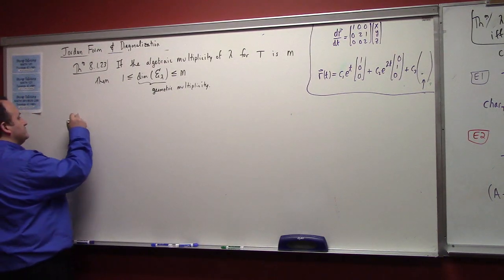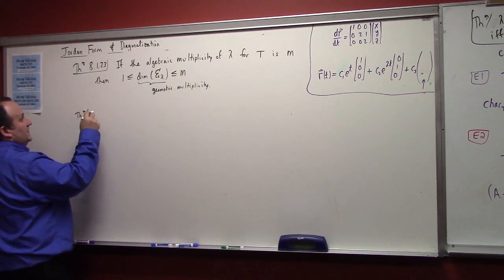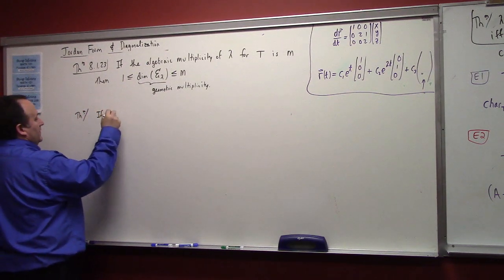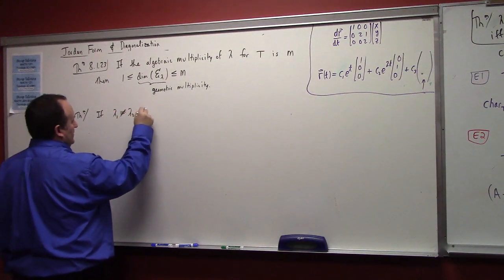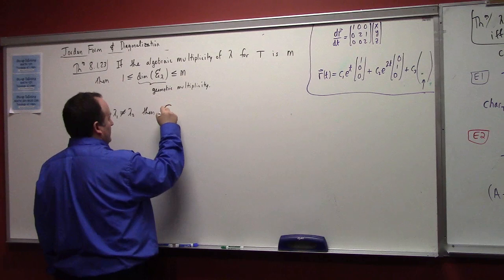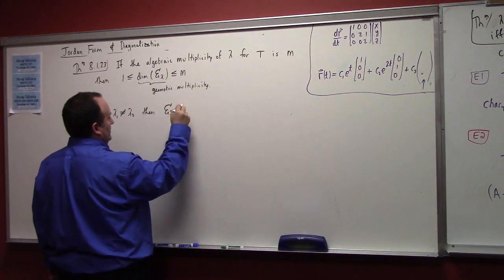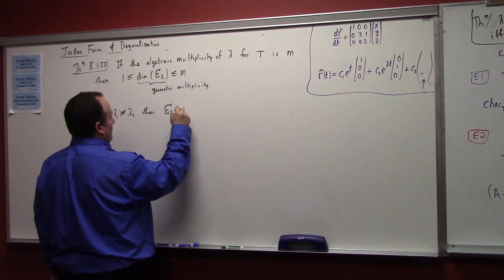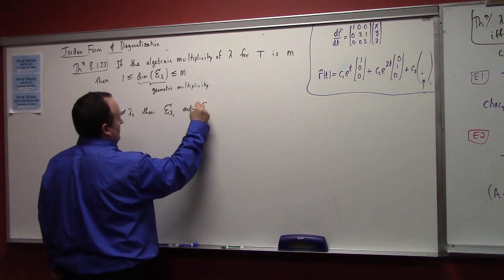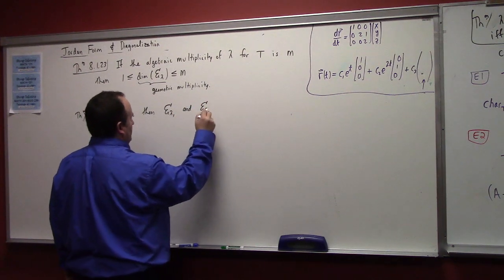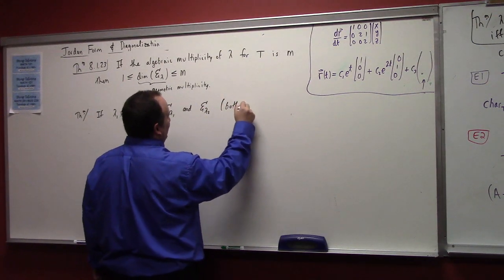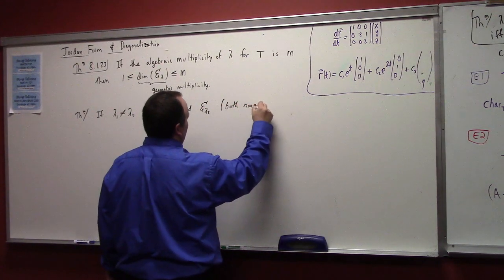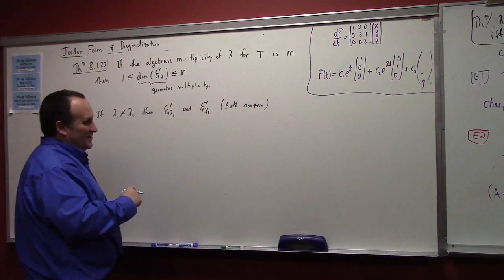Another theorem is that if lambda 1 is not equal to lambda 2, then E lambda 1 and E lambda 2, both non-zero, are independent subspaces. I'm assuming they're non-zero.